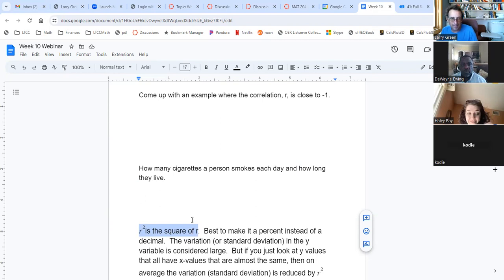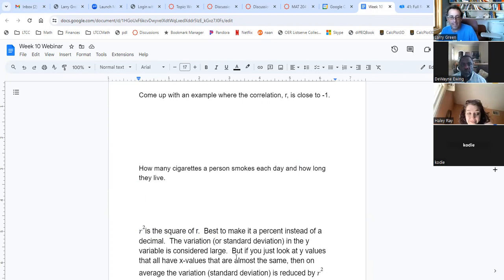And that is, first thing, it's easier to talk about R squared if you turn it into a percent from its decimal. And what it means is the variation, and you can think of that as a standard deviation, in the y variable is considered large.